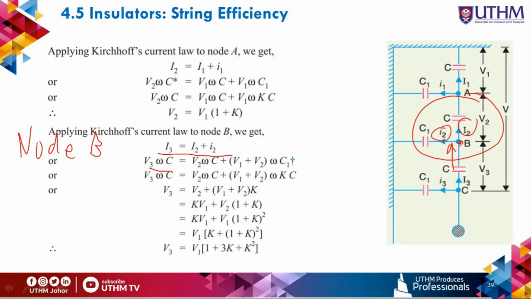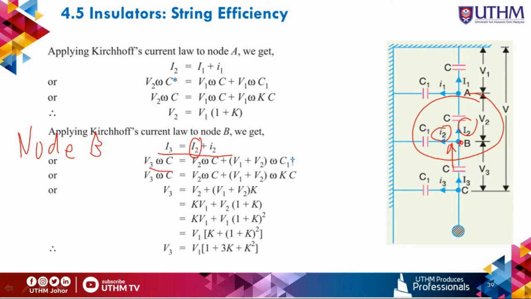then you have to come up with I2. What is the equation for I2? Capital I2 is V2 omega C, and then plus small I2.